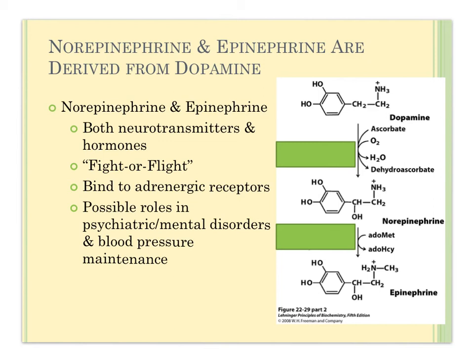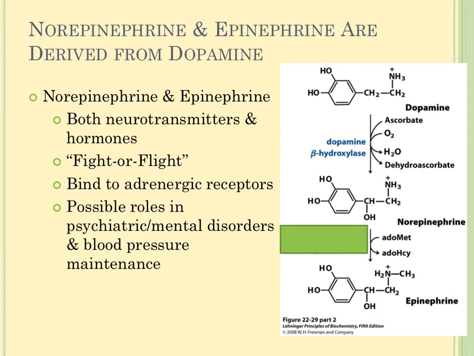If you want to be even more specific and give the Greek locant, which carbon is being hydroxylated? If you told me dopamine hydroxylase, I'd give you points. You know how we have alpha, beta, delta, gamma, all those? This is beta, right? Because the alpha is the one that's touching the nitrogen. This is the beta. And so it's dopamine beta hydroxylase.